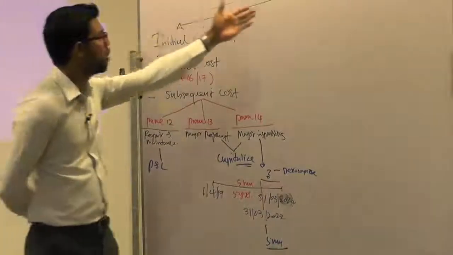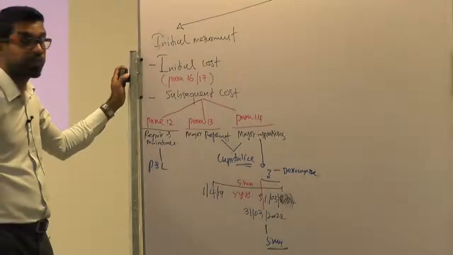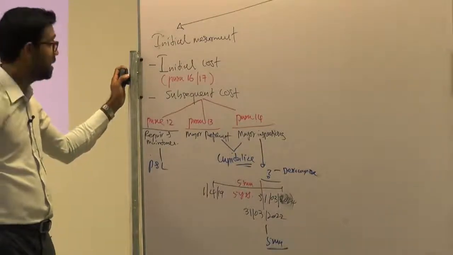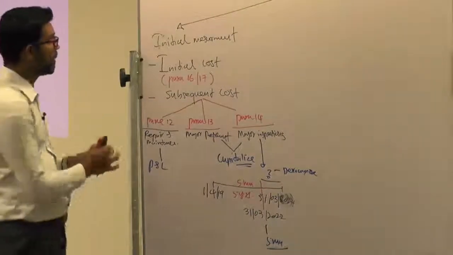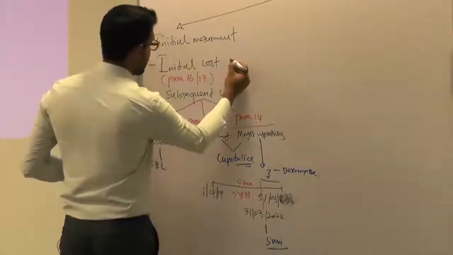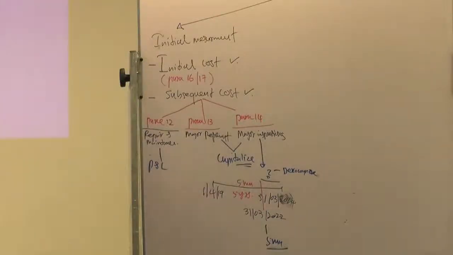Nothing new. Scope is in paragraph 2. You have to recognize the asset initially according to the conceptual framework, which we have also discussed. We have learned initial measurement, you have initial cost to identify, and subsequent cost as well.